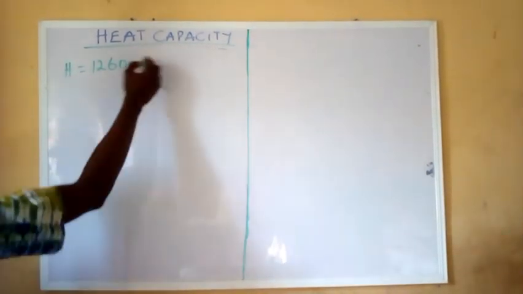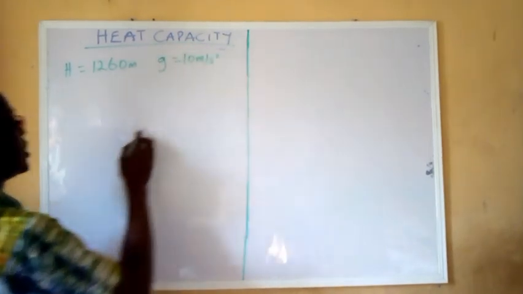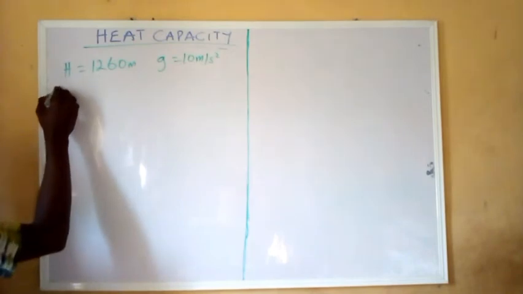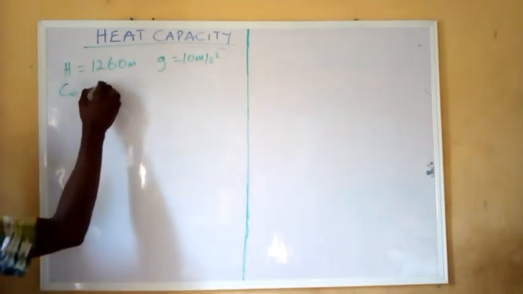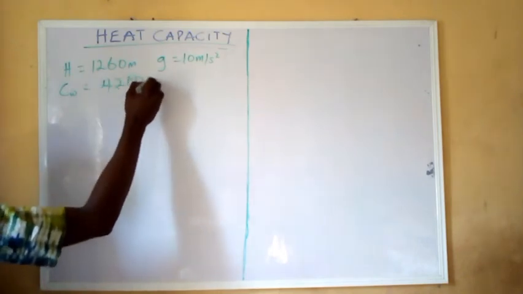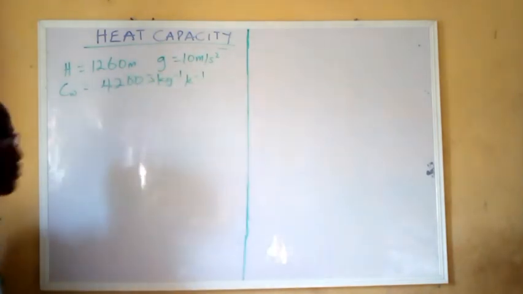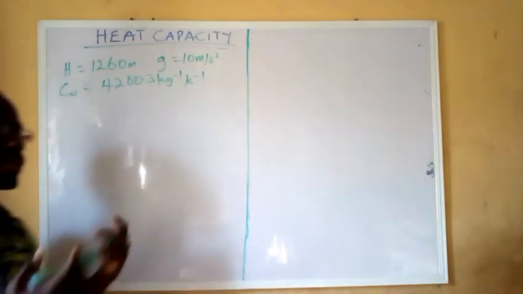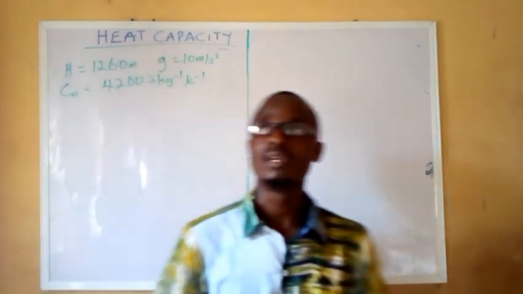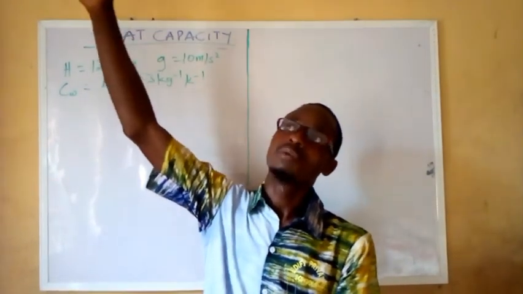So we are given only this, acceleration due to gravity as this, and we are also given the specific heat capacity for water to be 4,200 joules per kilogram per Kelvin. And we're talking about a waterfall here. That is, we're looking at a place where water falls.